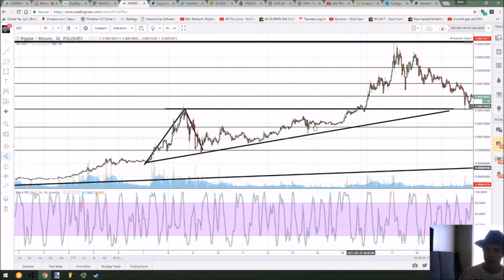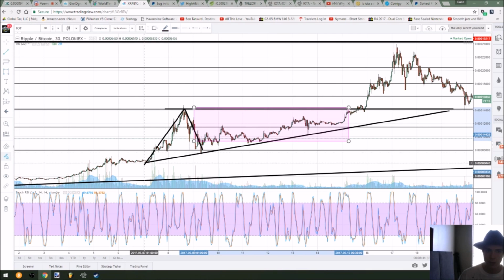Pretend that this candle action hasn't happened yet in this zone. You can still draw this formation by only seeing this triangle right here and going from the bottom to the bottom. And then you draw that line out and you draw the top line.